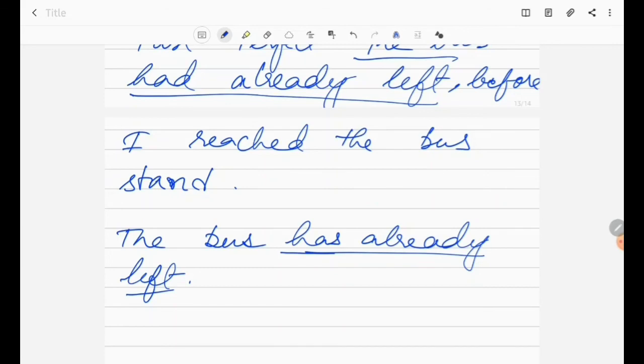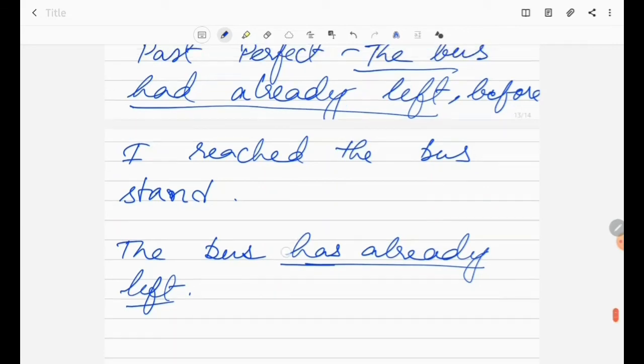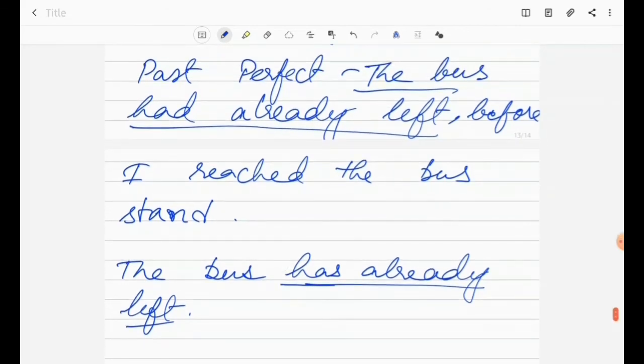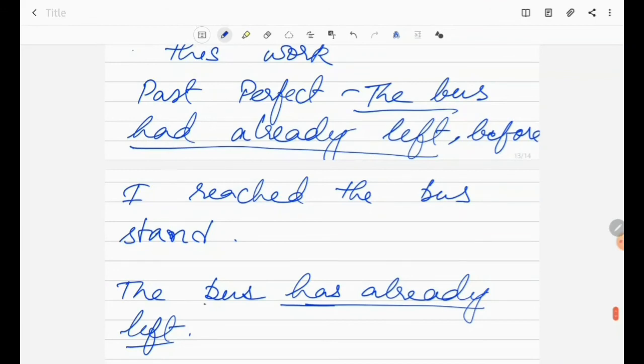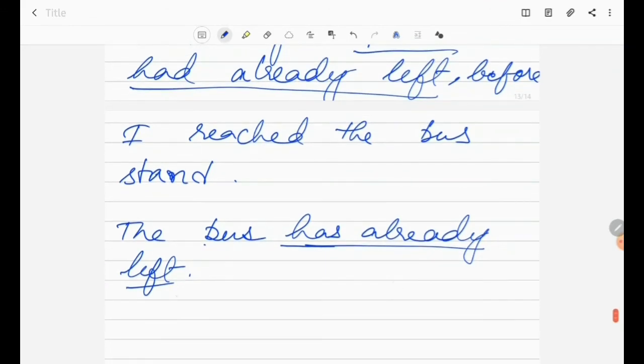As you all know, in plural we always use have, and in singular we use has. So that's why the bus is a singular, that's why it is the bus has already left. This is an example of present perfect.